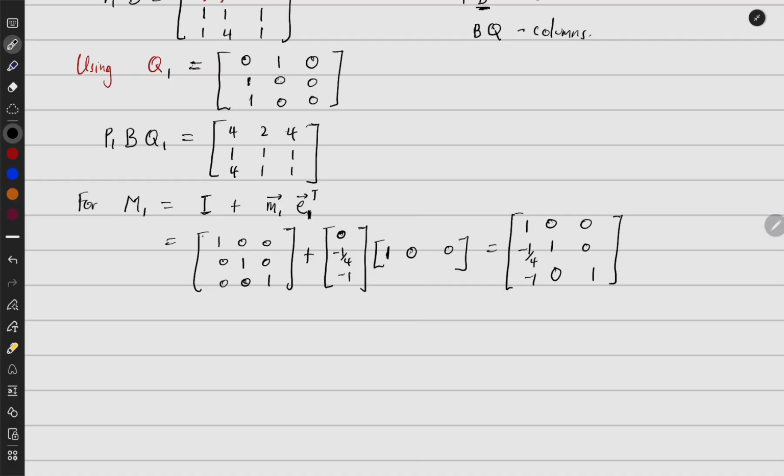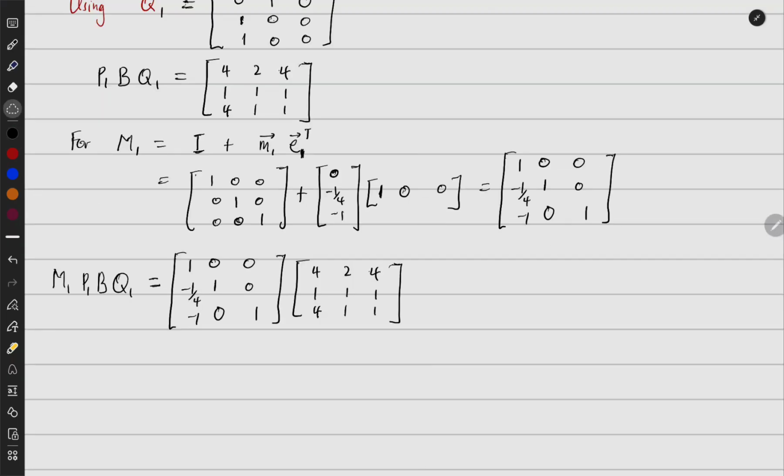After getting that, you come and multiply this M1 on P1 B Q1. Our M1 is here, then my P1 B Q1, which we got here.